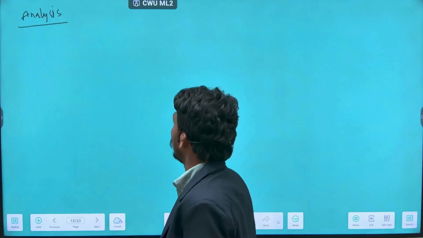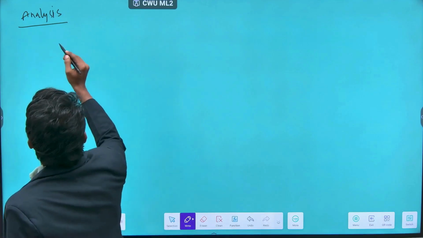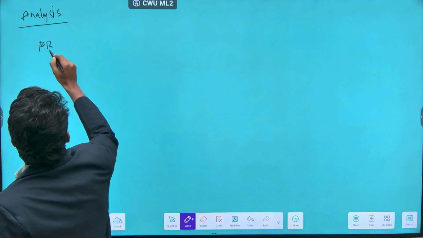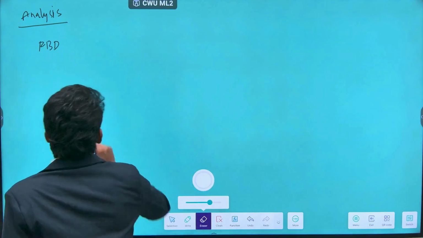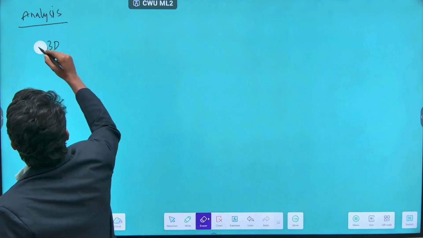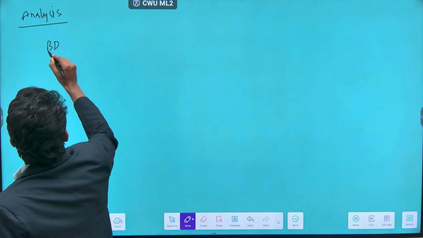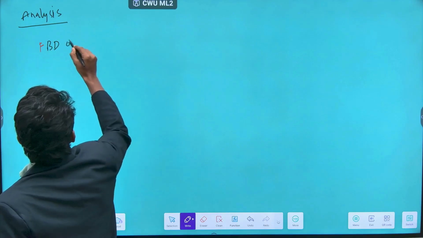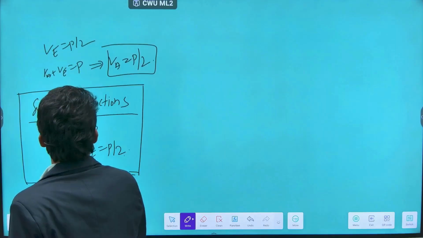So let us draw the free body diagram. FBD of joint, what is the joint?